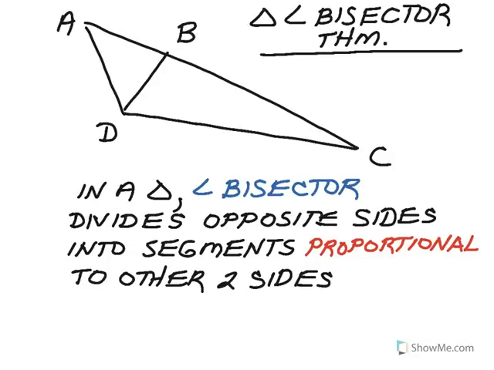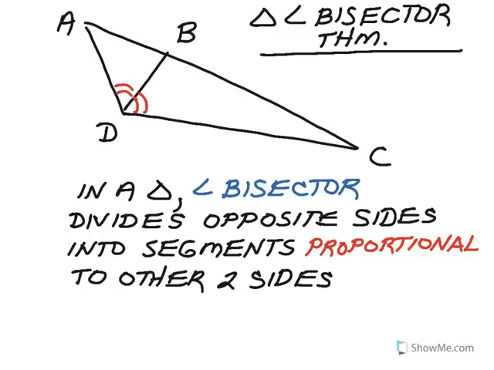So next is the triangle angle bisector theorem. And what this says is that if we have in a triangle an angle bisector, so let's say that these two angles here are equal. So I can see that angle D has been bisected by segment DB.